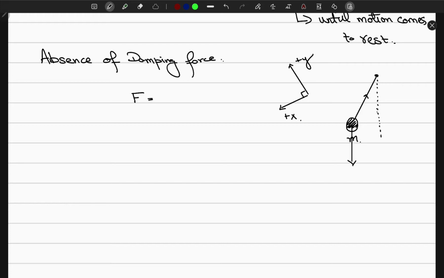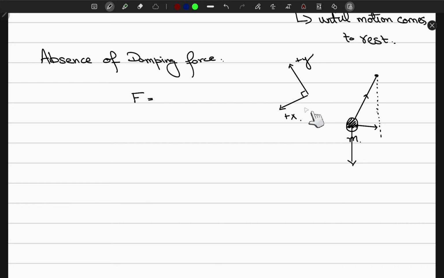So in this case then the restoring force is actually this one. Let me draw it. It's something like this. It's not really a straight line. And now it's towards this direction.